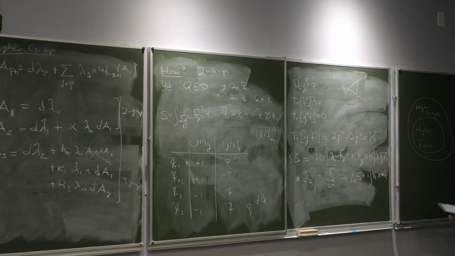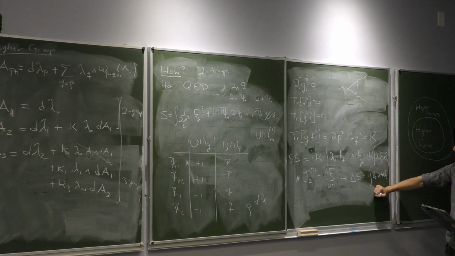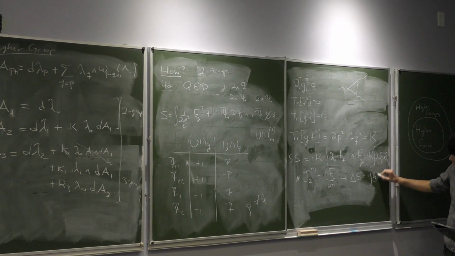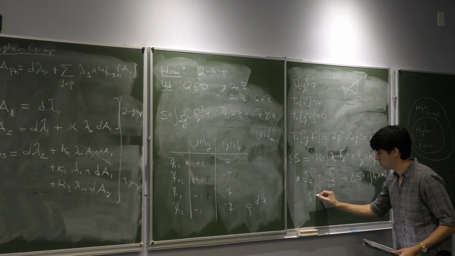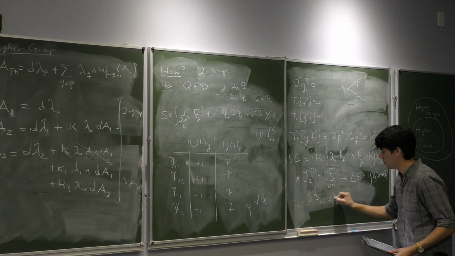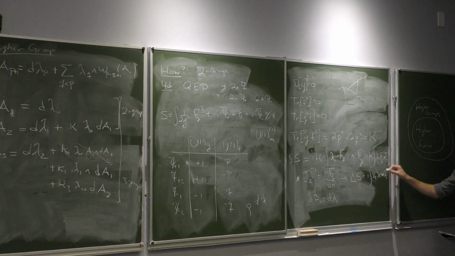Cool. So now what you can do is you can upgrade the normal variation of this B2. So normally B2 is some D lambda 1. Now you can upgrade it so it exactly cancels this anomalous variation of the action.